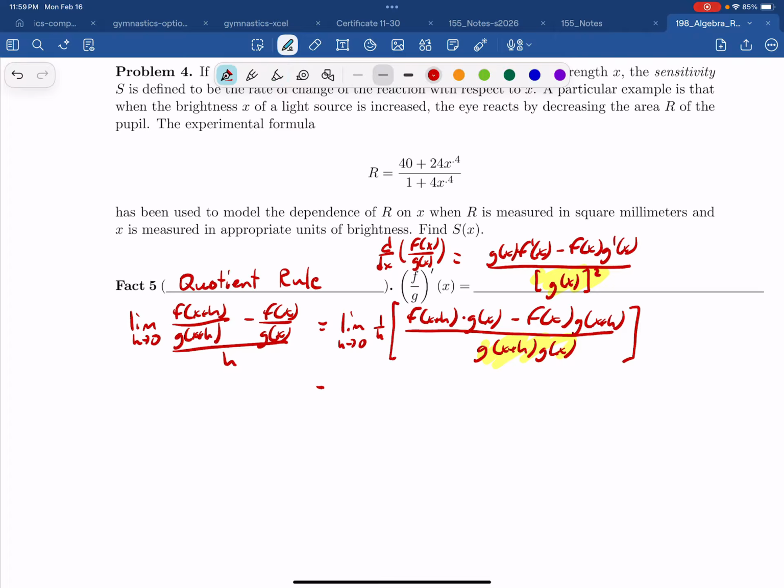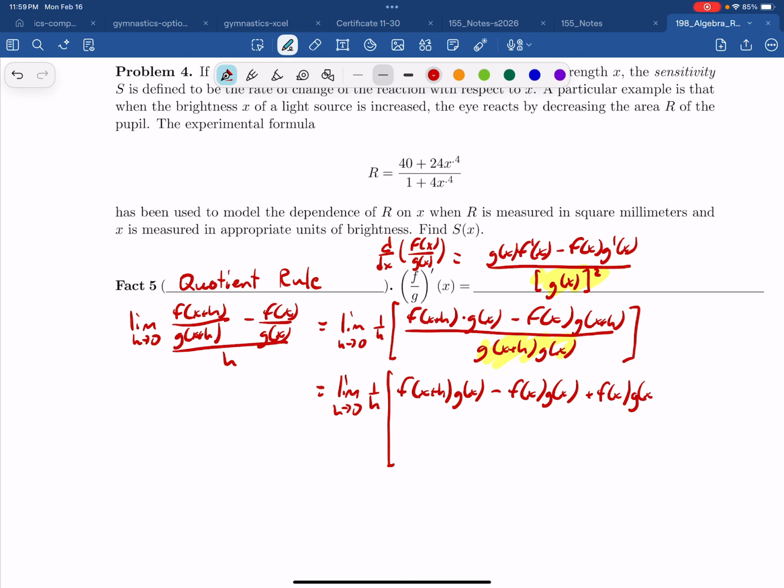Now continue writing our limit as h approaches 0 of 1 over h times this big thing right over here. Once again, we are going to add 0. So it's going to be f of x plus h times g of x, and then we're going to subtract f of x g of x, and then add f of x g of x.